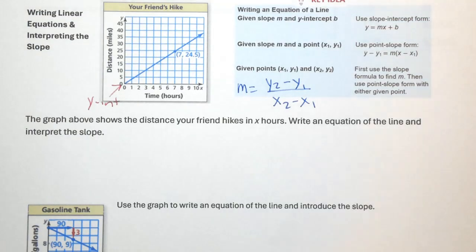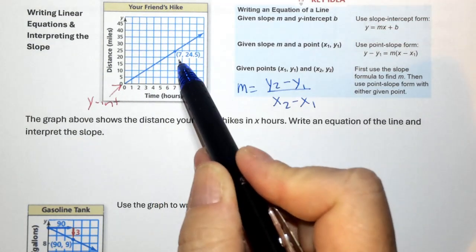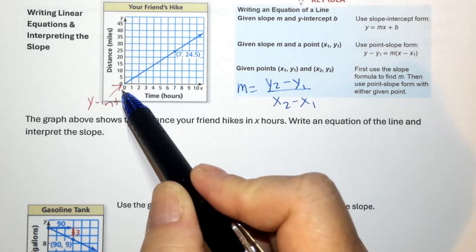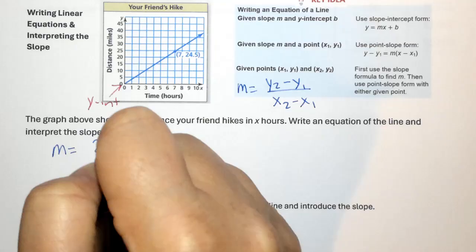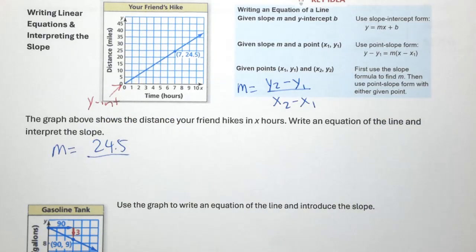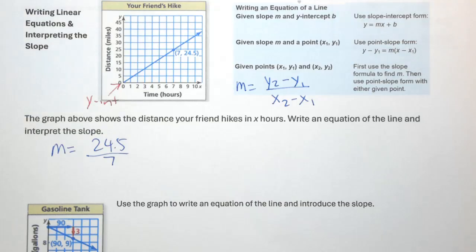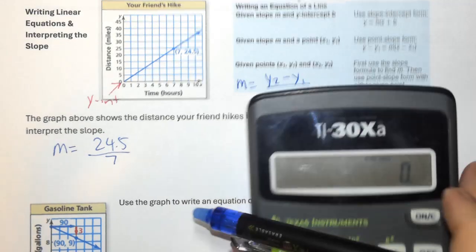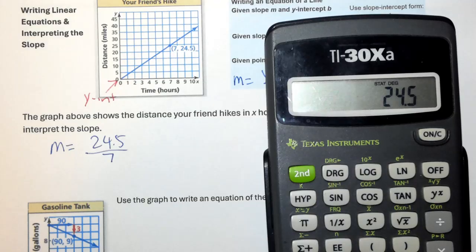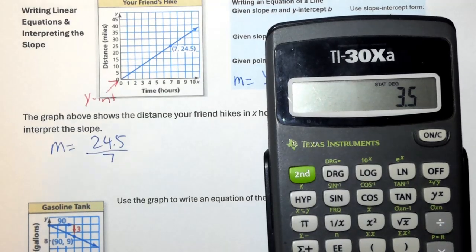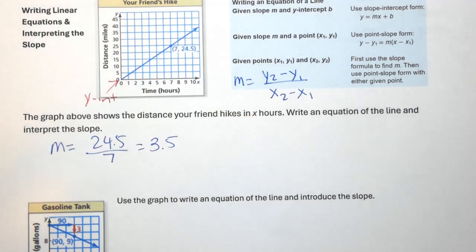So we're able to just look at this point in reference to our slope. So we got 24.5 minus 0, which we know is that. We have 7 minus 0, which we know is that. I don't have the fancy calculator with me at the moment, so I'm going to use the old school calculator, and I'm just going to divide this. And we get 3.5. So our slope is 3.5.